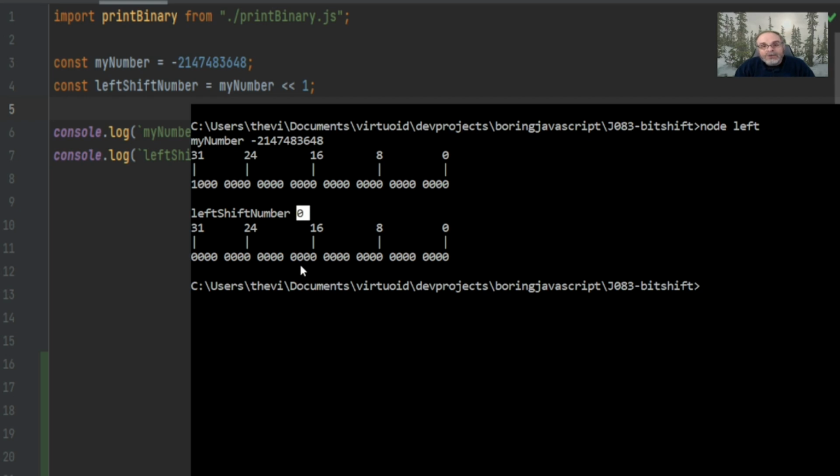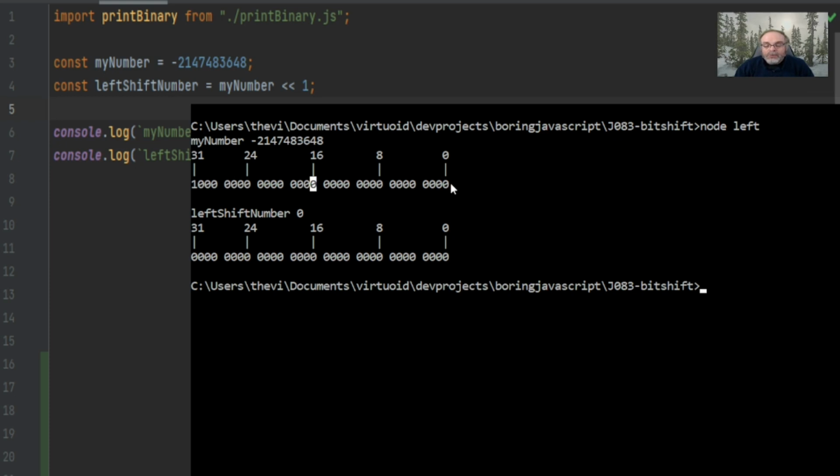Why did it go to 0? Well, this is something you need to remember. This is within JavaScript, and it actually is within a lot of different languages. Whenever you have an integer number that is negative, they usually reserve the very last bit of the number as being the sign bit.